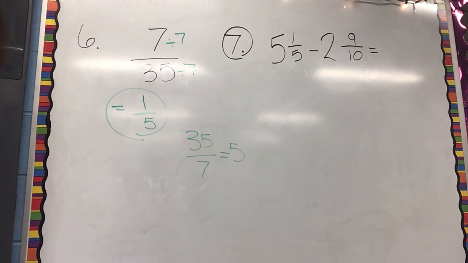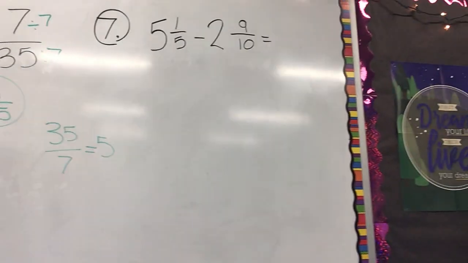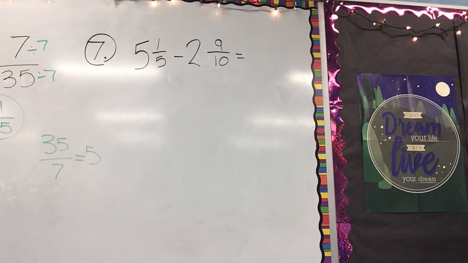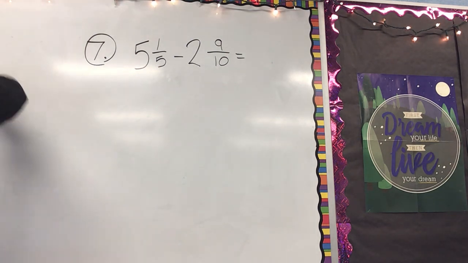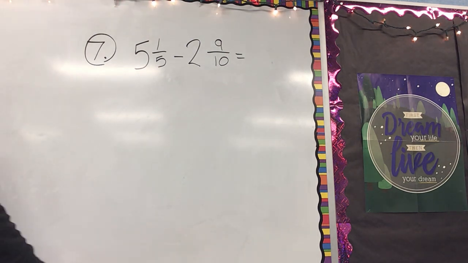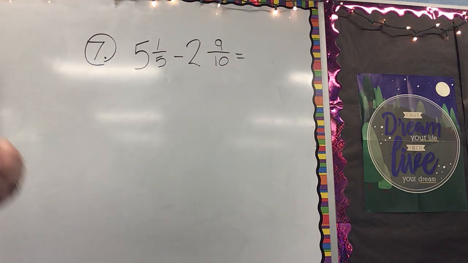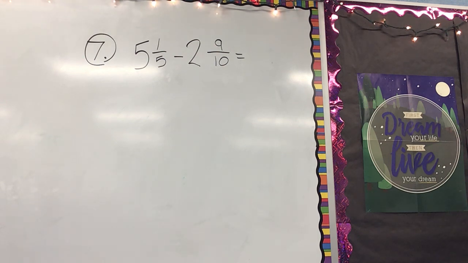All right. Number 7, we have some subtraction to do with our mixed numbers: 5 and 1/5 minus 2 and 9/10. In your math notebook, guys, not just sitting. What number is this? That's number 7.